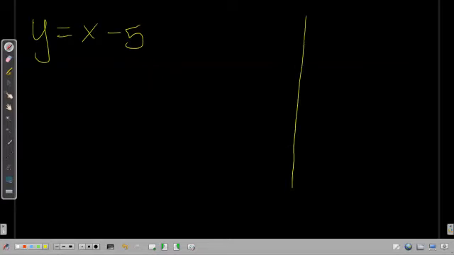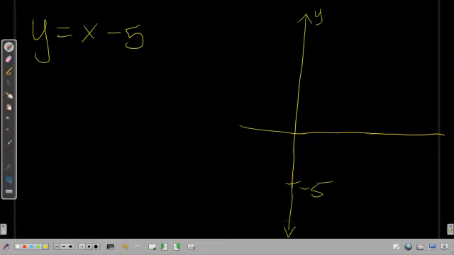Here's another line. Right there is -5 on the y-axis. So this line must go through that point, because that dot right there has the ordered pair 0, -5.